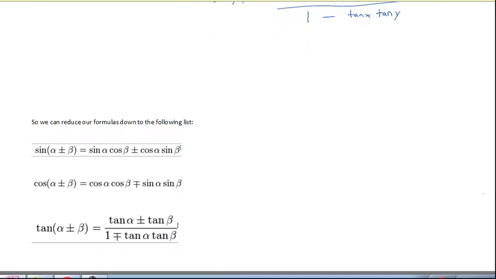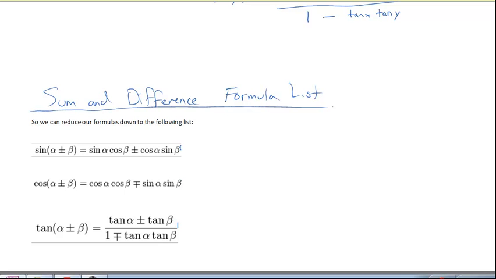Let's go down for 1 second and just take a look at this list. This is our sum and difference formula list. So these 6 formulas represent our sum and difference formula list. And you can see that sine of alpha plus or minus beta, we've condensed them down into easier ways to write them. So notice that the plus or minus in this first equation matches the plus or minus on the right-hand side.